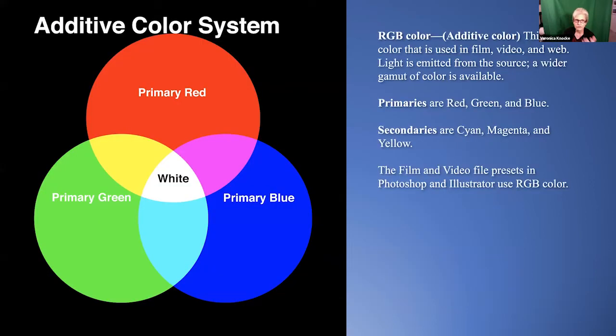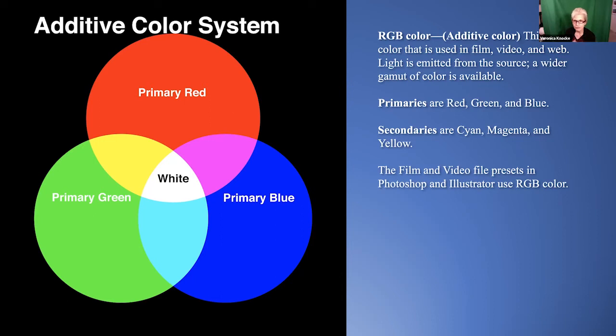Then colors, additive color system. The additive color system is the RGB color that we use for the computer screen. It's used in film, web, and video. Light is emitted from the source, so your screen is actually adding light. A wider gamut of color is available from additive color.